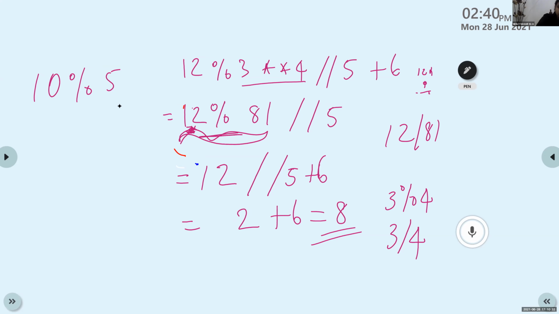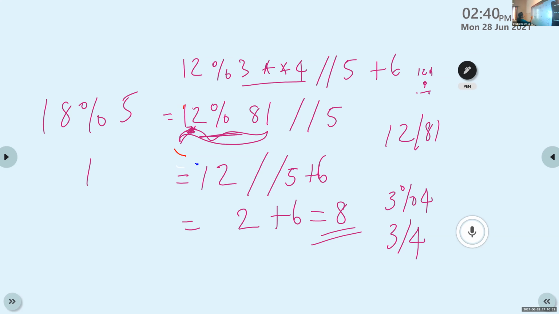Then what about 18 mod 5? What is the answer of 18 mod 5, Kevin? Three.